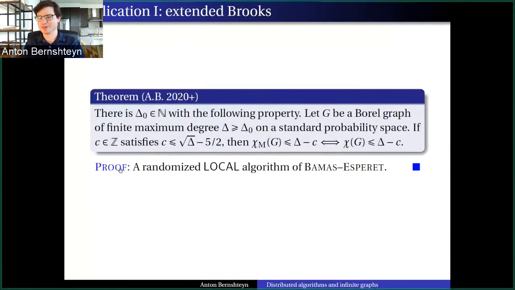How to prove this? Well, here's the complete proof. Bamas and Esperet have a paper, in turn based on a result of Molloy and Reed, in which they show that if you're given a finite graph of maximum degree delta, and you want to color it with delta minus C colors, where C is at most root delta minus 5 over 2, then if such a coloring exists, it can be found by a randomized distributed algorithm running in little o of log n rounds.